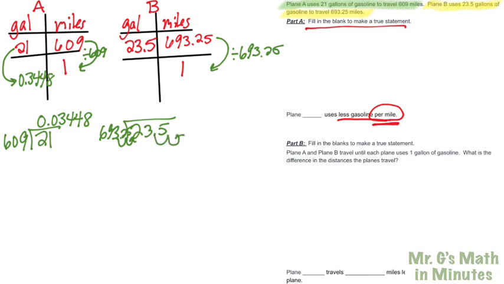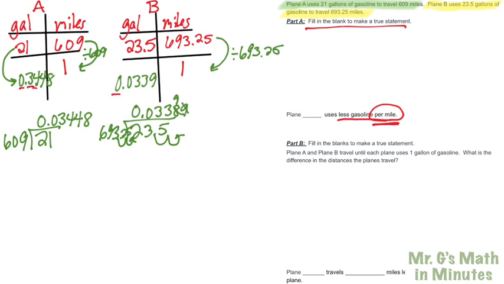And when we do 23.5 divided by 693.25, another very long problem, it's going to be 0.03389. We can round it right here, 9. So 0.03, ugly 339.